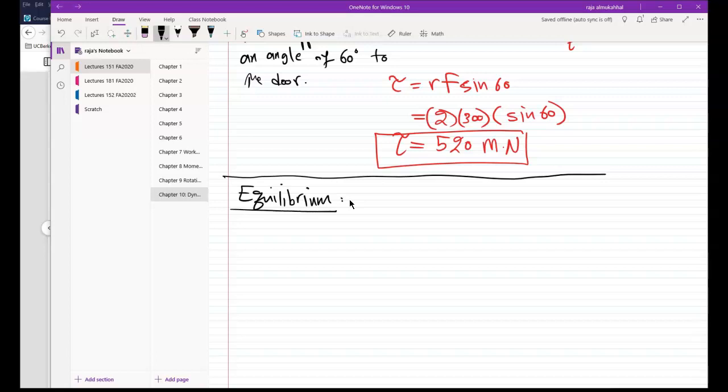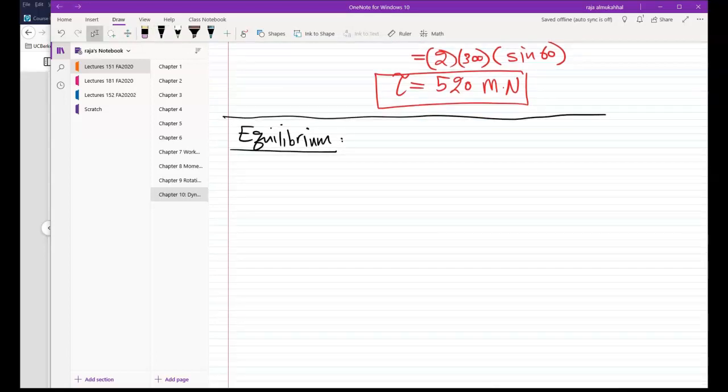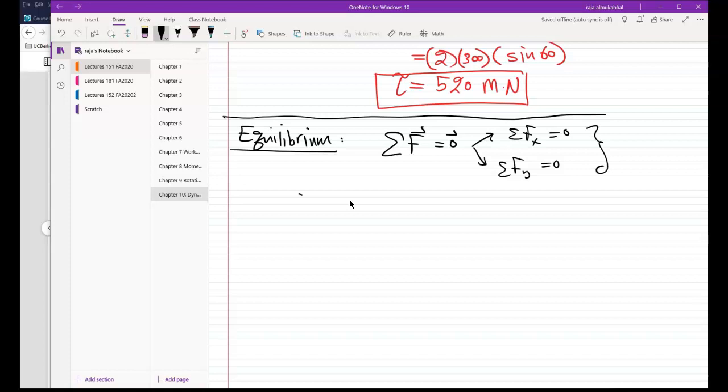We've covered it in, I forgot what chapter, chapter 3 and 4, I think. We said that equilibrium means all the forces on an object sum up to 0. The statement of equilibrium is basically sigma F as a vector equals 0. If you resolve this vector into 2 components, it becomes sigma F sub x equals 0, sigma F sub y equals 0, and we said this is the condition for equilibrium. Well, there is an additional condition.